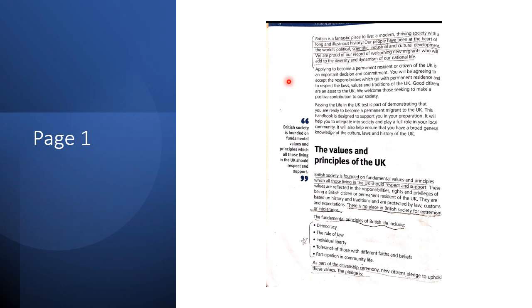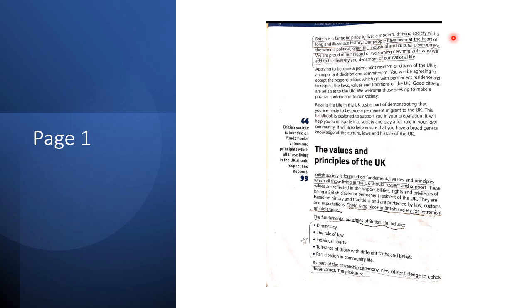Okay, here we go. Britain is a fantastic place to live, a modern, thriving society with a long and illustrious history. It's a very, very important sentence, and normally you get a question on that, in true or false. It says Britain is a fantastic place to live, or Britain is not a fantastic place to live.